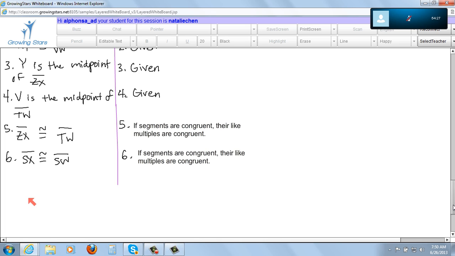And for angles? If angles are congruent, their like multiples are congruent. Then the division property? If segments or angles are congruent, their like divisions are congruent. Very good.